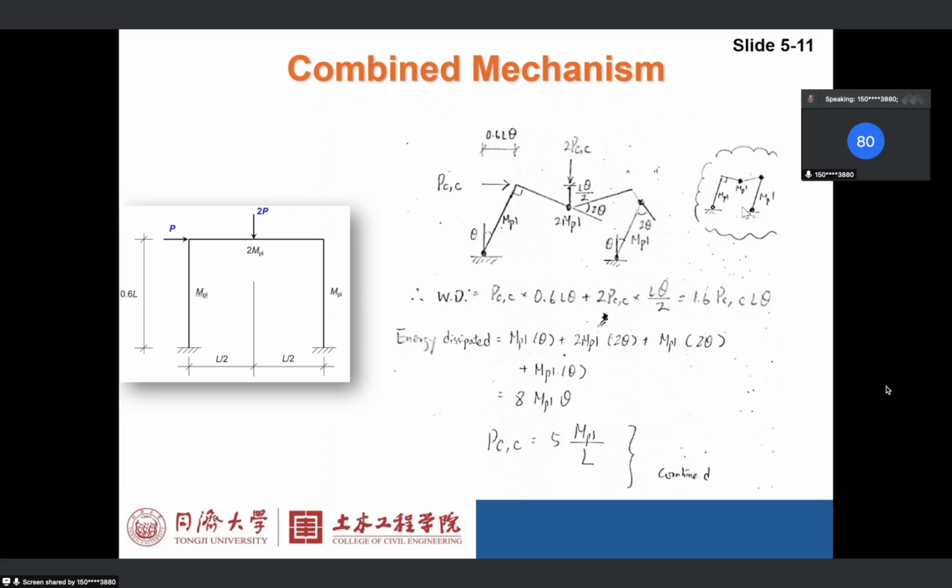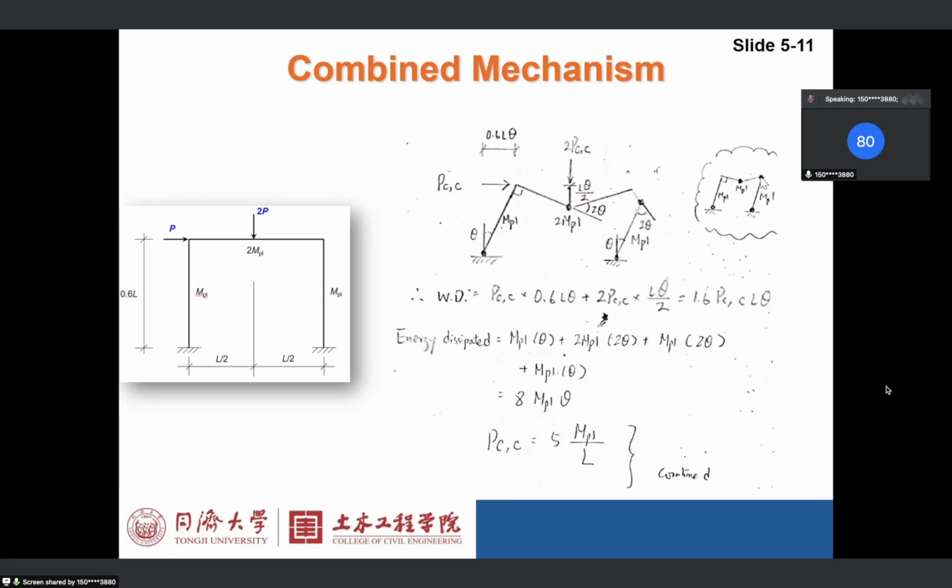Okay. And if you look at the geometric relationship, the column is inclined by theta, and this column again inclined by theta. Okay. So how about the absolute angle here? And how about the absolute angle here? This is zero. There's nothing happening here. There's zero change in the angle.